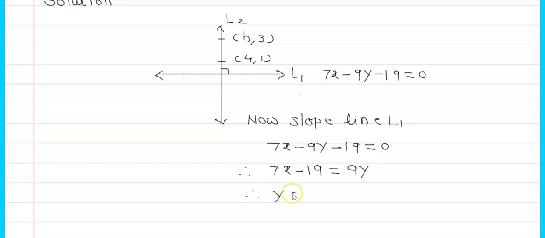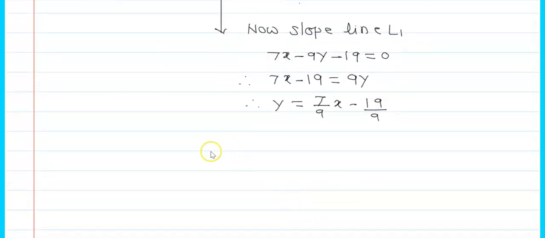Therefore y is equal to, dividing on both sides by 9, 7 by 9 x minus 19 by 9. Therefore the slope of line L1 is 7 upon 9.